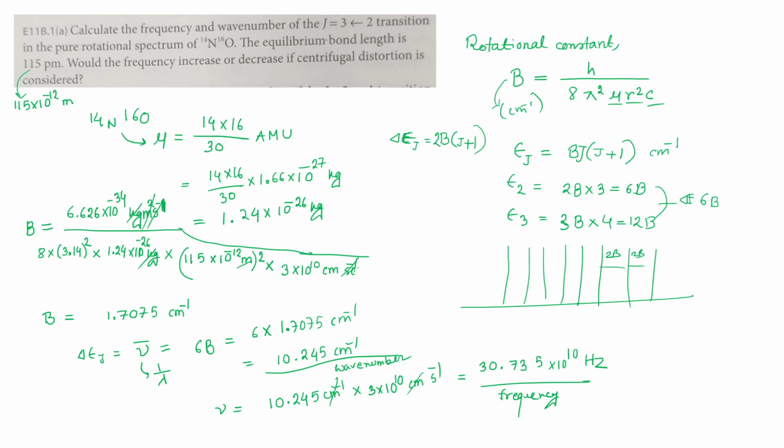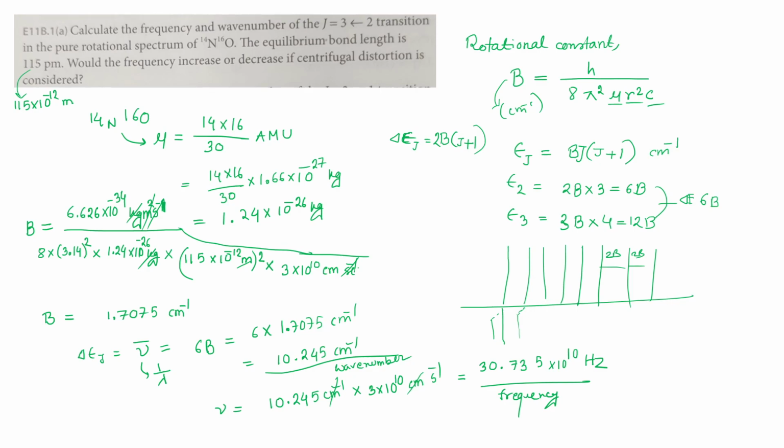So when it becomes a non-rigid rotor, for the first one there will not be much change, but with increasing J, the transition energy will decrease.